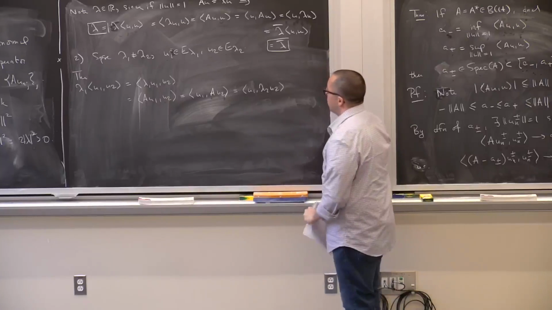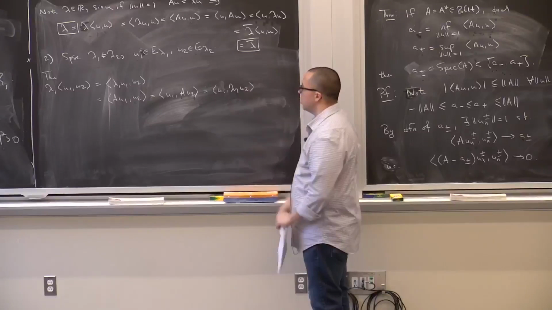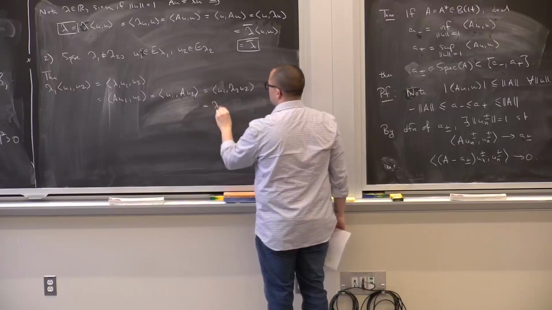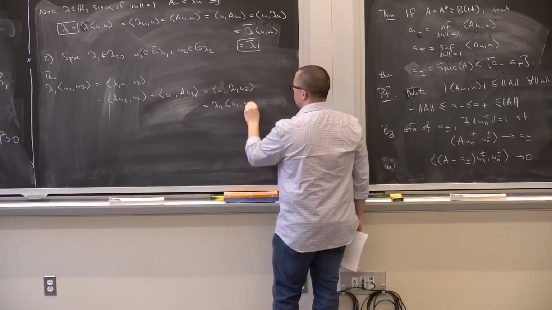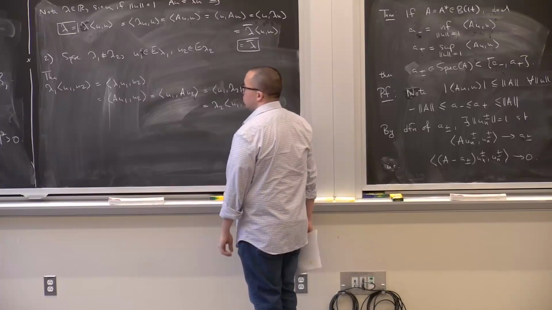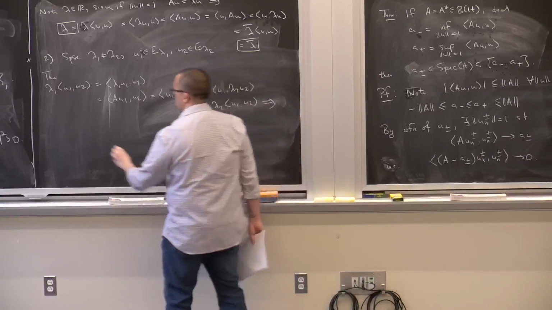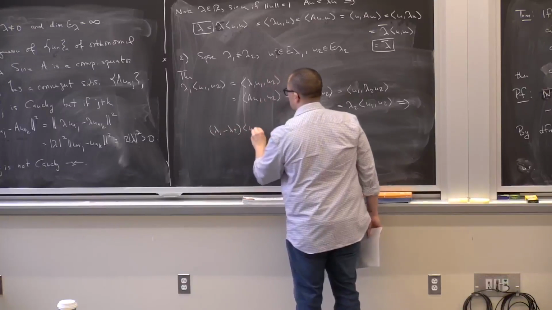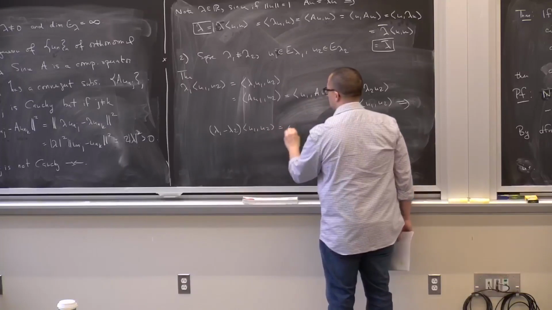And because lambda 1 and lambda 2 have to be real numbers, from what we've done in the first part, this lambda 2 comes all the way out and remains itself. No complex conjugate because it's equal to its complex conjugate. And so I started off with lambda 1 times the inner product of U1, U2, and I've ended up with lambda 2 times the inner product of U1 with U2, and therefore lambda 1 minus lambda 2 times the inner product of U1 with U2 equals 0.